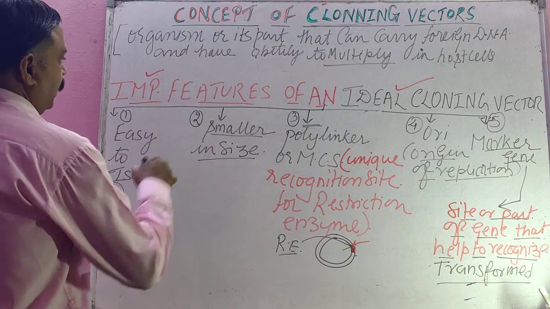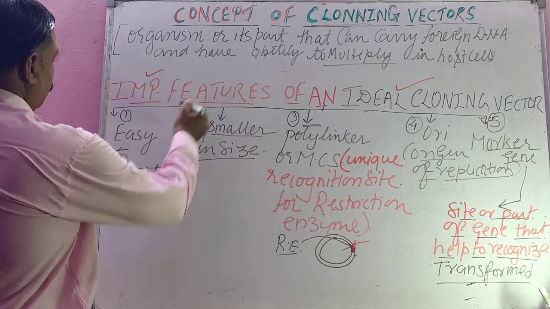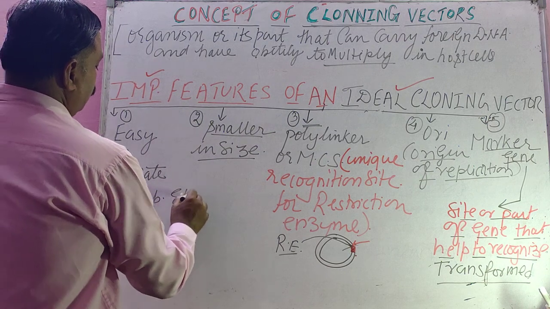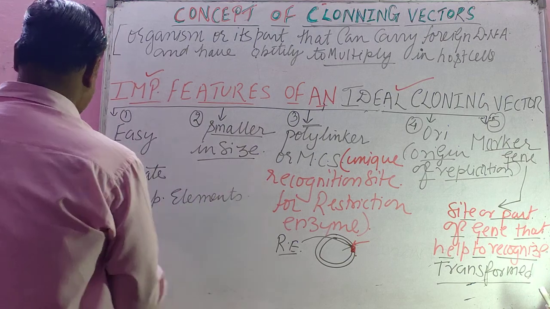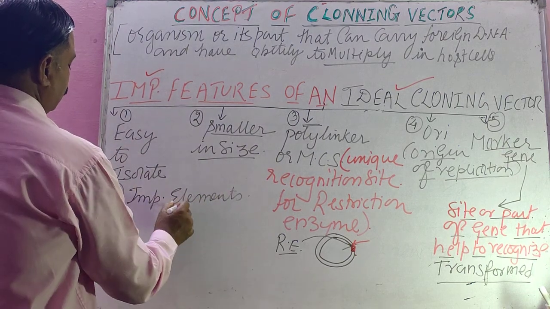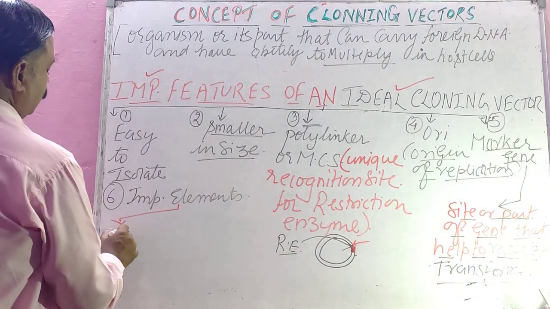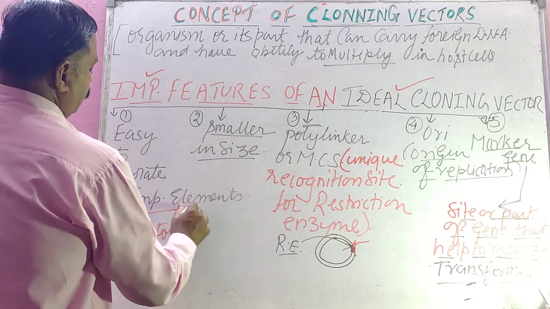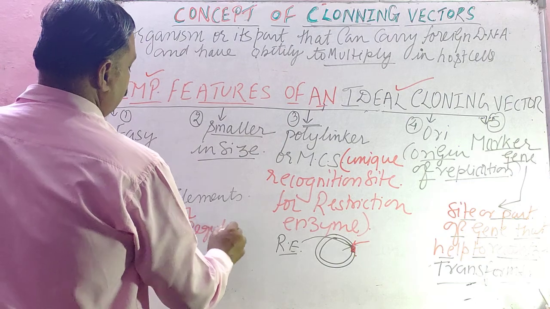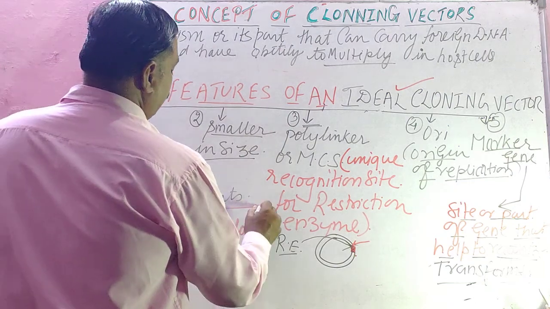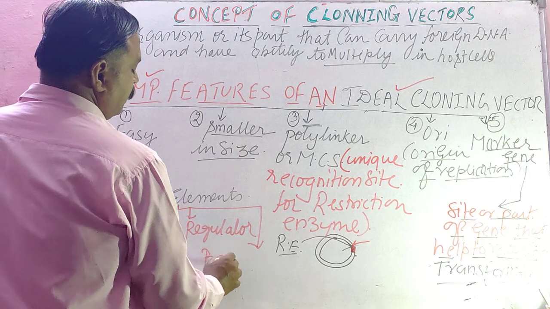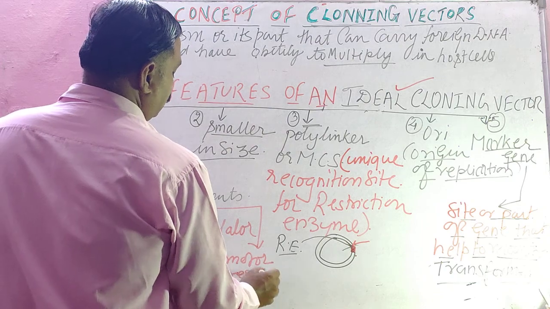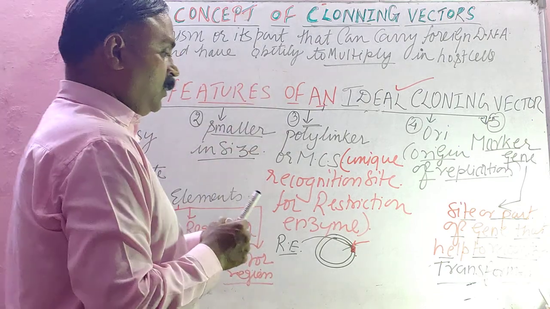Good or ideal cloning vector should have some important elements also, such as, you know very well, in some operons you have studied, it should have operator, regulator and promoter region, promoter gene or region, isn't it? So all these are the important features of good cloning vector.